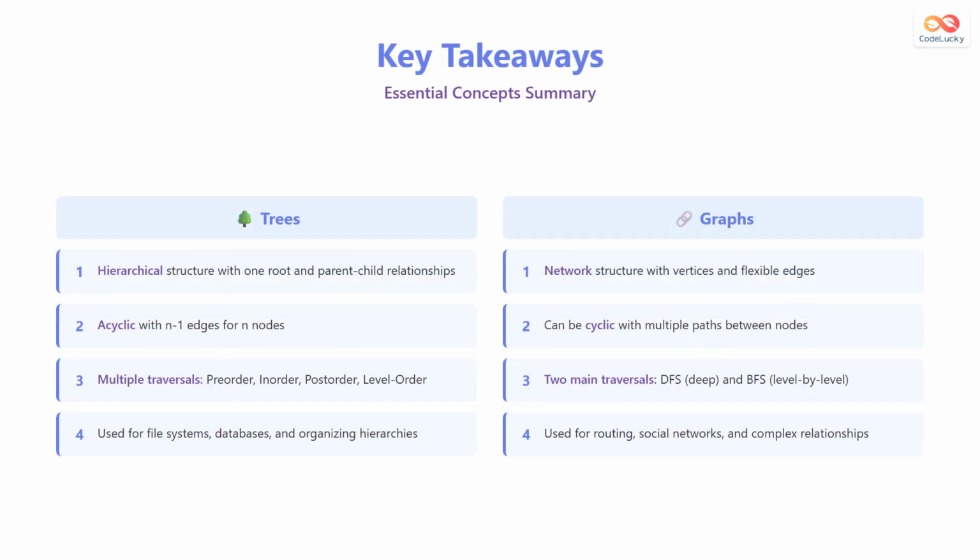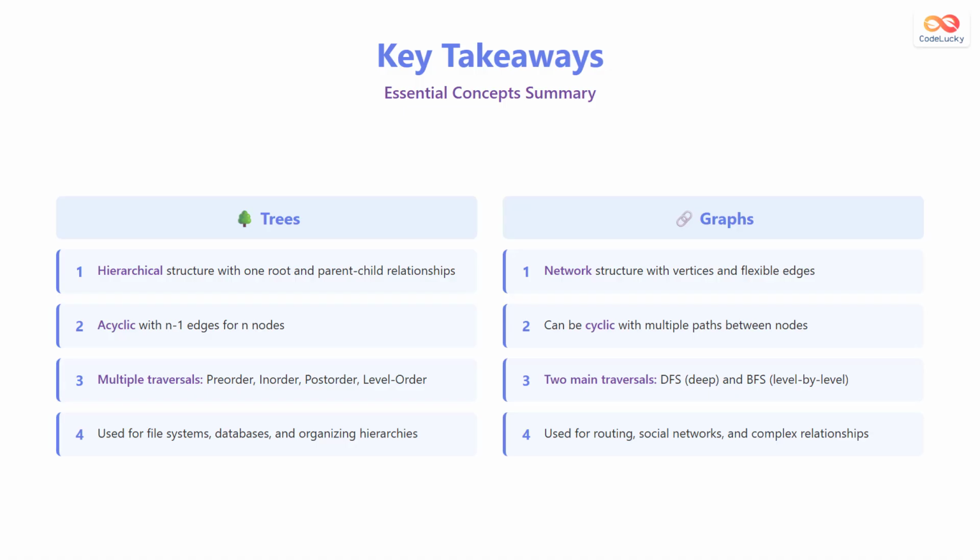Let us summarize the key points about trees and graphs. Trees are hierarchical structures with one root node and parent-child relationships organized in an acyclic manner, with n-1 edges for n nodes. Trees support multiple traversal orders including preorder, inorder, postorder, and level order. Trees are used for file systems, database indexing, and representing hierarchies.